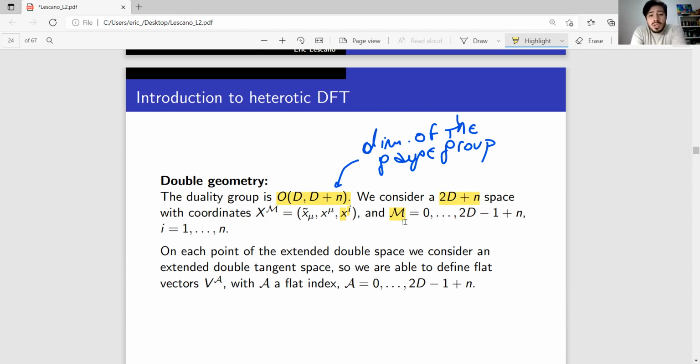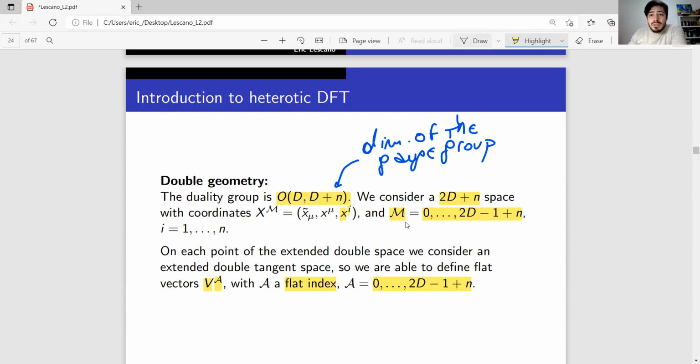And on each point of the extended double space, we consider an extended double tangent space. So we are able to define flat vectors. We are going to define a generalization of the frame field, and these are our flat indices. Of course, the flat indices run over exactly the same range as the curved ones.